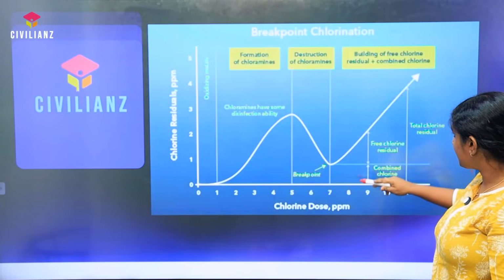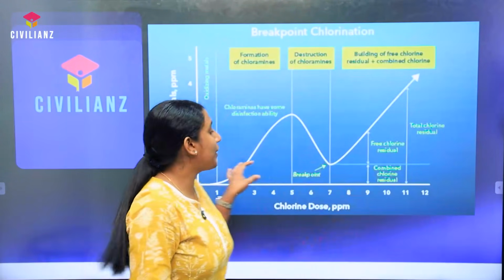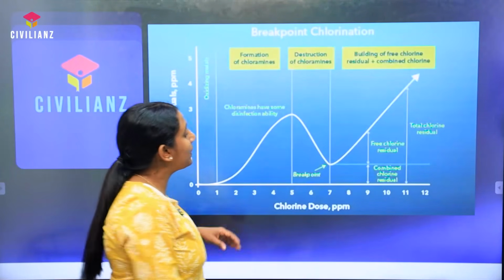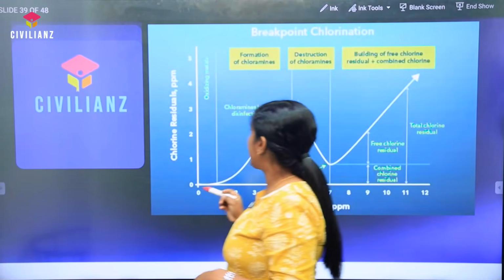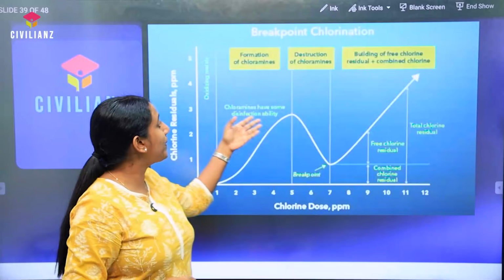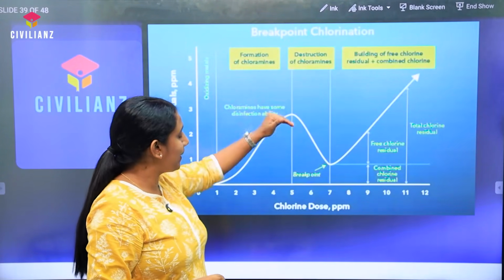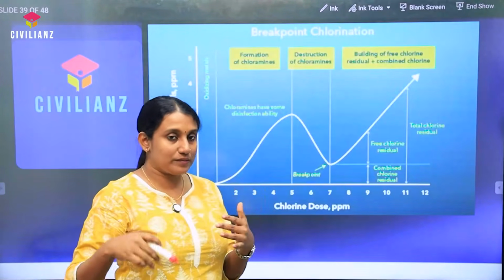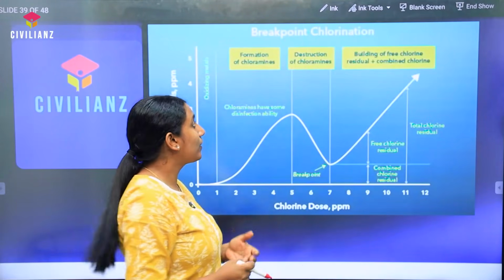After the breakpoint, the residual chlorine occurs. Firstly we added the total dosage, which equals demand plus this residual chlorine. There are two phases here: formation of chloramines and destruction of chloramines, giving free residual plus combined chloramines. There are different types of chloramines: trichloramines, dichloramines, and monochloramines. These are forms of chlorine.